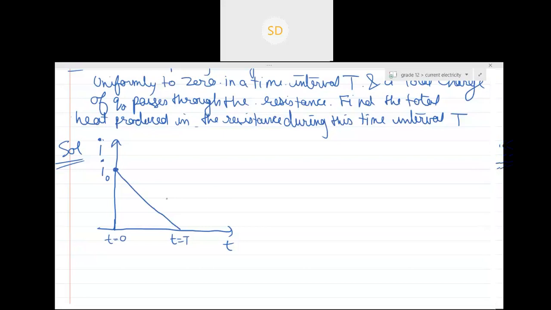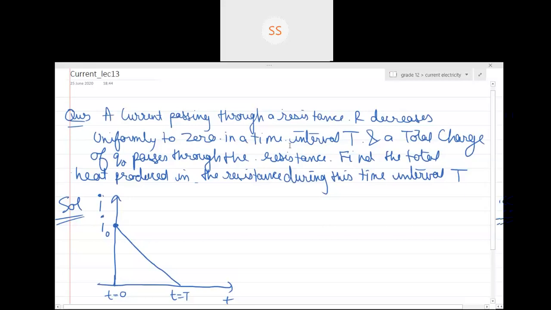It is a straight line, and why not a curve? Because look above, there is one small word written somewhere. Can you see it? Decreases uniformly. That is why it is a straight line. If it was exponentially, it would have been a curve.